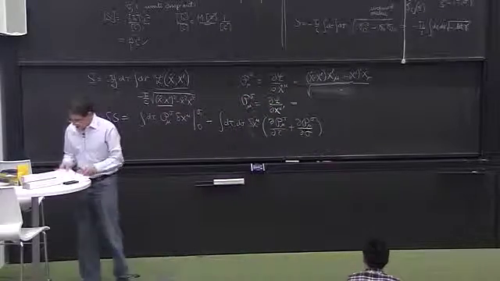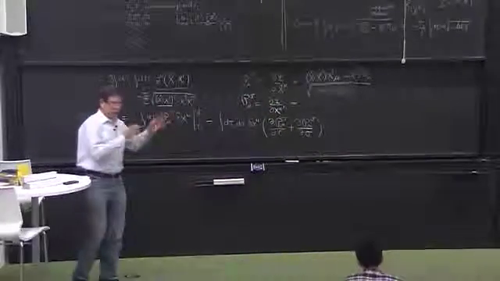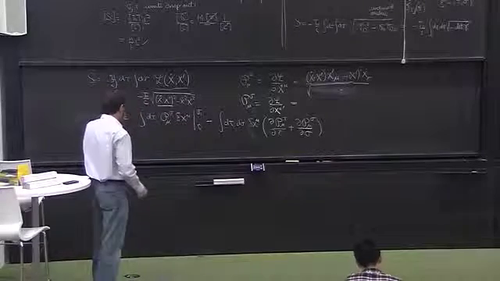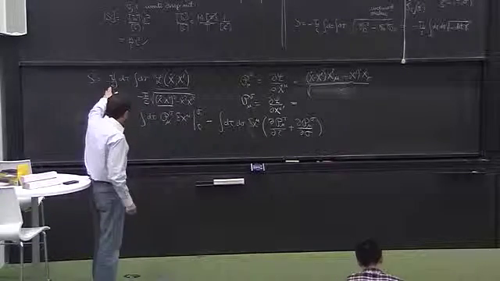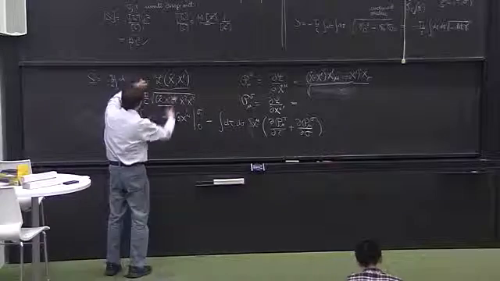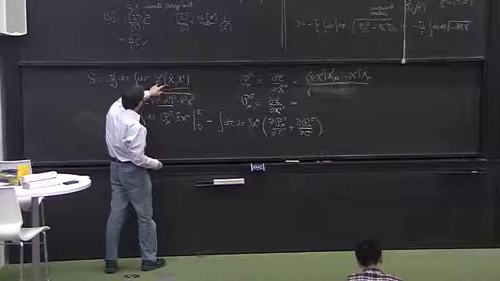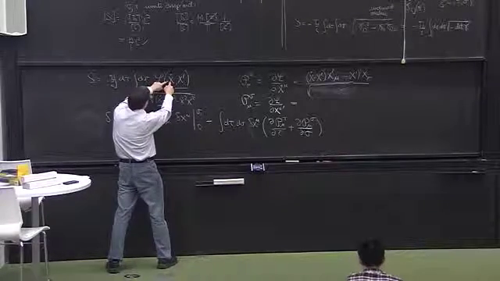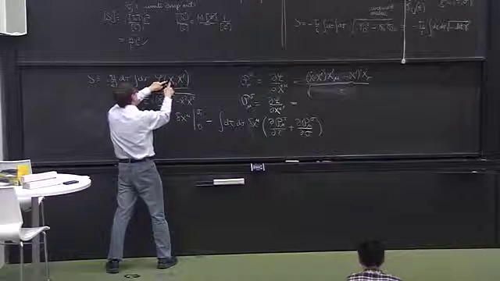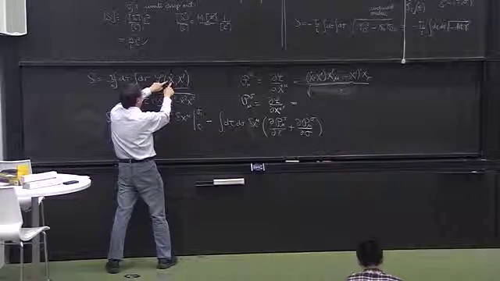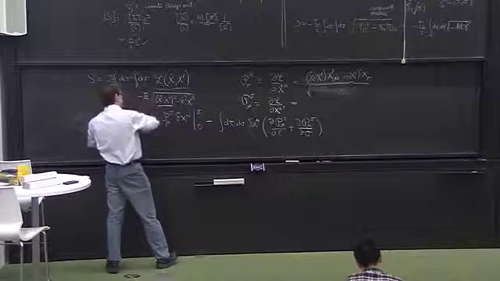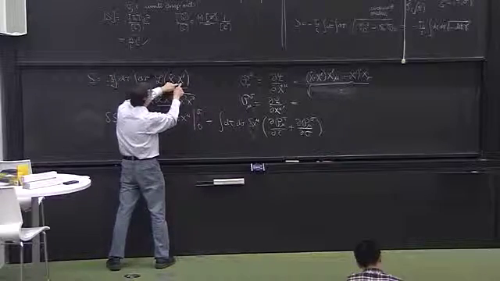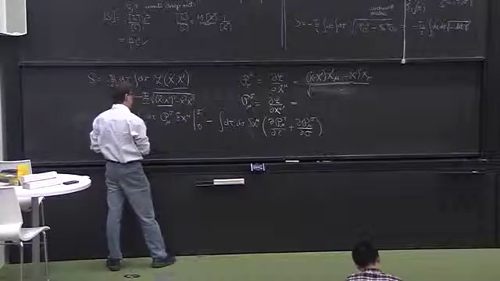Okay, let's just make sure we know what's happening here. Remember, we vary these things and vary x dot, and then we integrated by parts because this was the tau derivative of delta x, and then the tau derivatives were integrated. The prime derivatives of delta x, they were integrated.